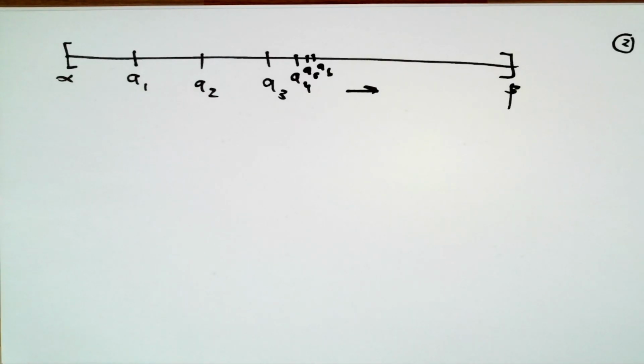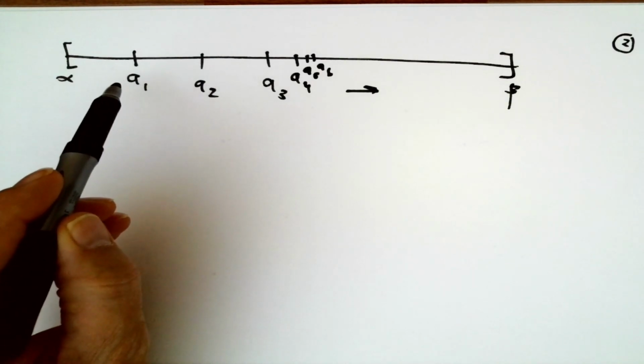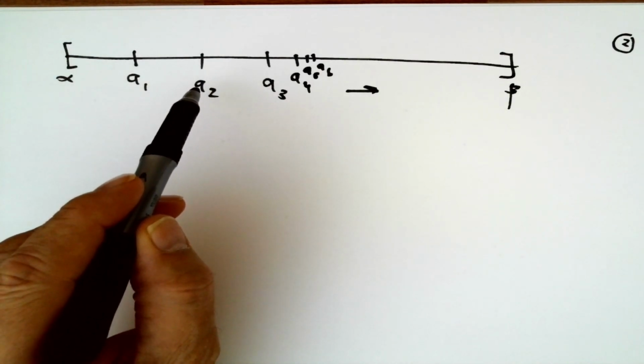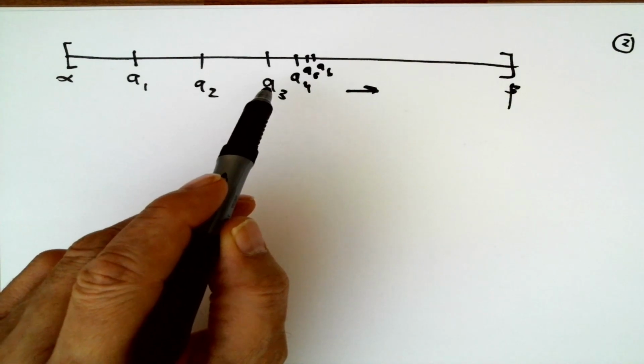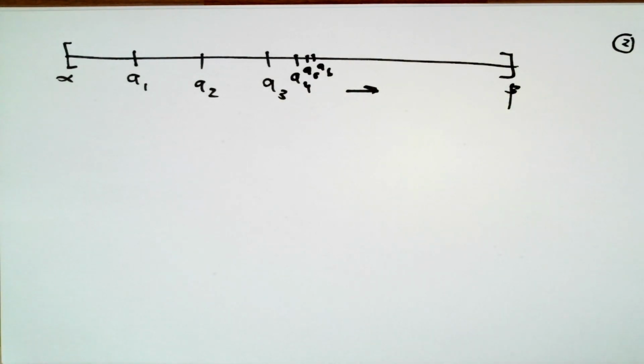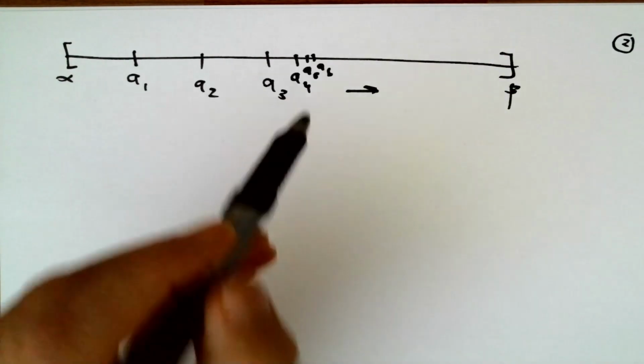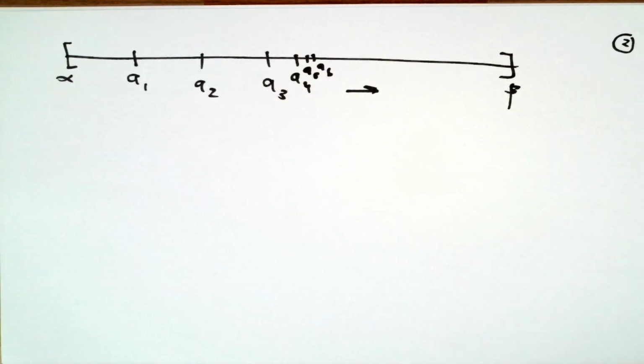Strictly monotone increasing means that if I make the index on the sequence terms larger, then the sequence term itself becomes larger. So A1 might be here, A2 might be here, A3 there, and even though the way I've got it drawn, the A numbers are rapidly approaching some value near here, each one is larger than the previous one was.